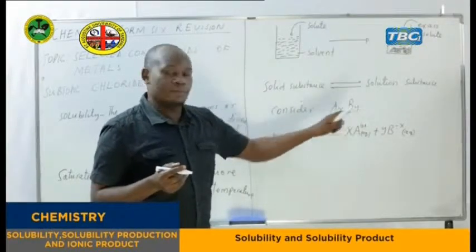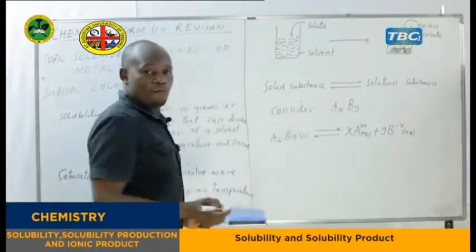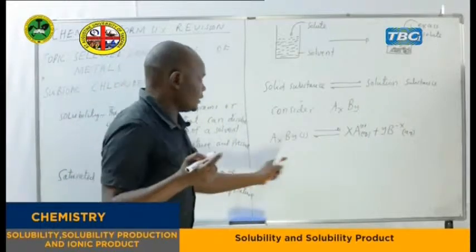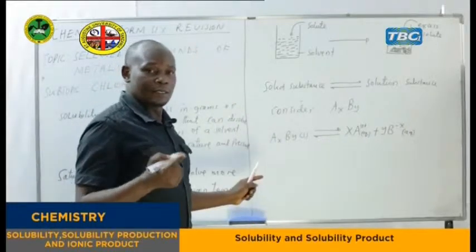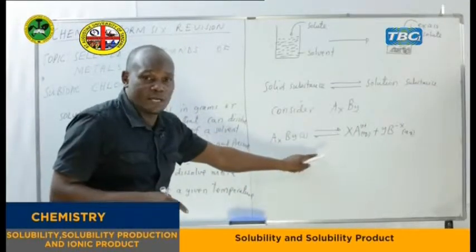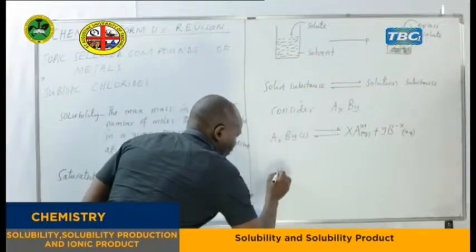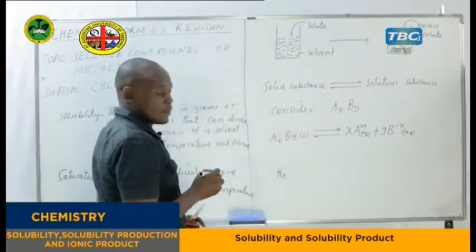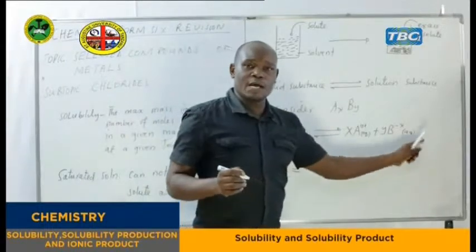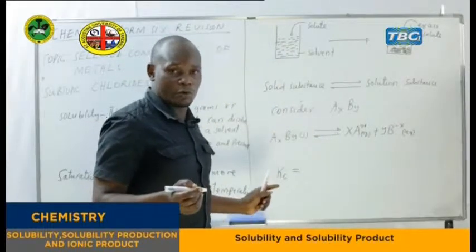So this is our equilibrium which is established in our sparingly soluble substance AxBy. Now, if we go back to the law of mass action, since it is an equilibrium reaction, an equilibrium constant Kc is established. Kc will be equal to the concentration of the products divided by the concentration of the reactant, according to the law of mass action.